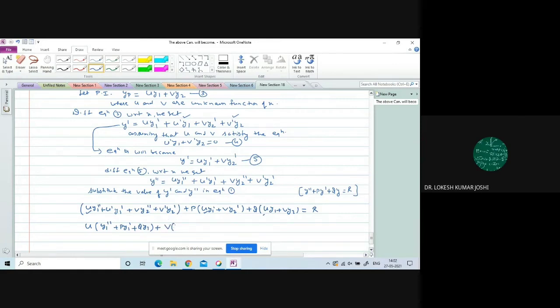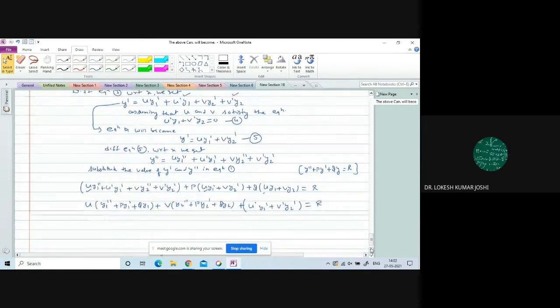We get y2 double dash plus p y2 dash plus q y2, plus u dash y1 dash plus v dash y2 dash equals to r. Now, as we know, y1 and y2 are solution of differential equation. Therefore, what will happen?